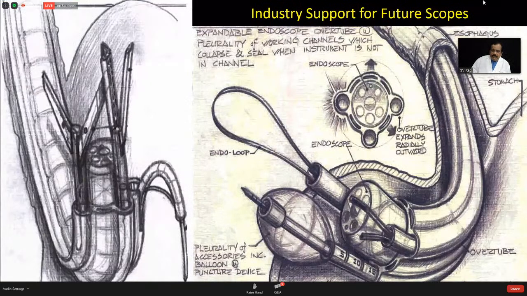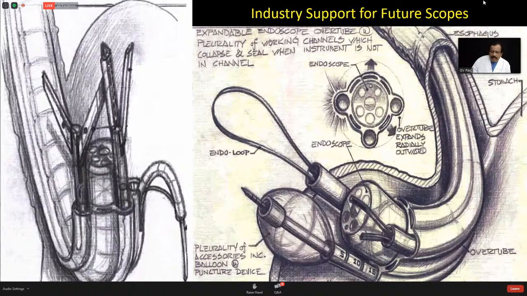Now, way back almost in 2002, 2003, when we initially started doing these advanced procedures, one very senior engineer gave me this diagram, telling me this is the sort of scope that you require to do all these procedures. You can see this was drawn way back in 2004.